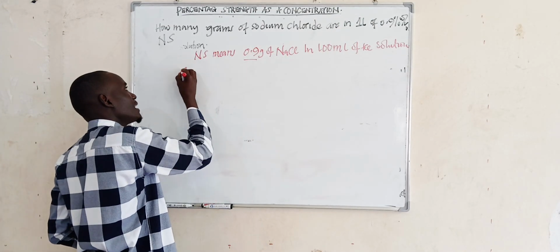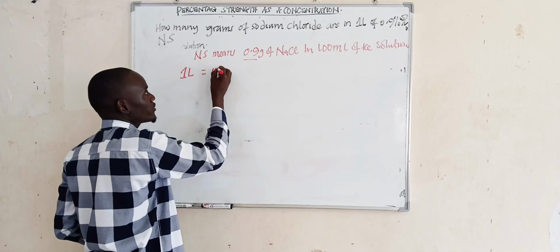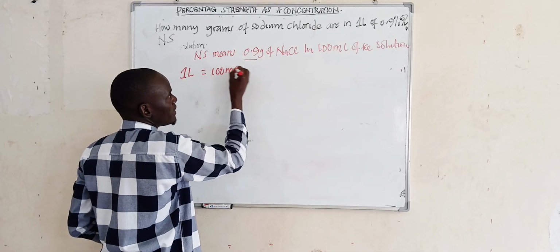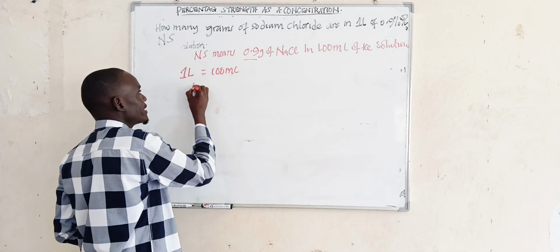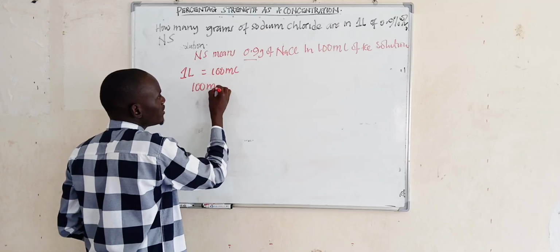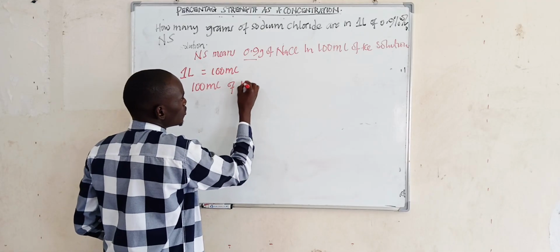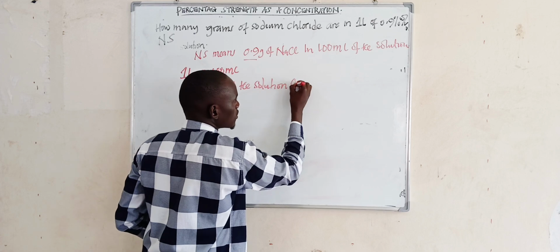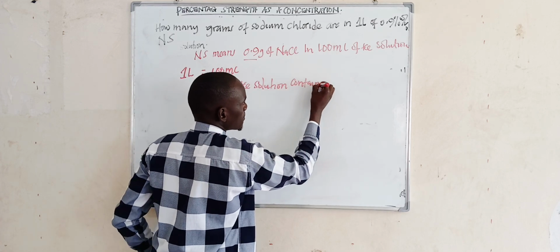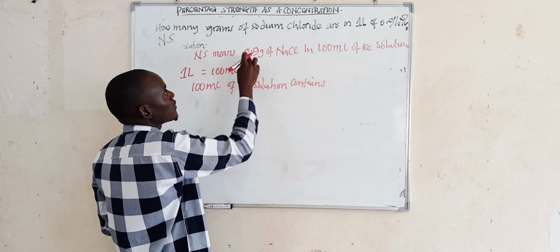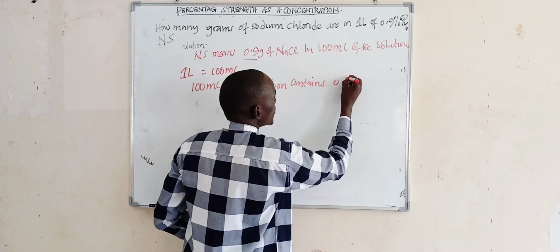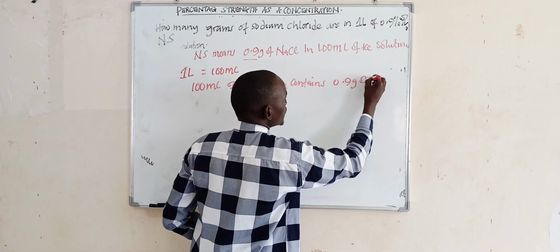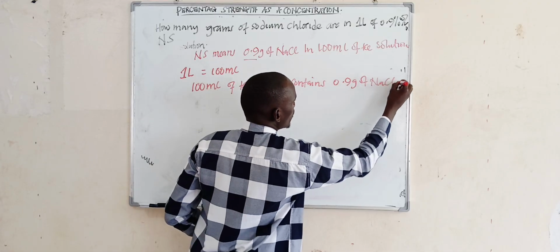But 1 liter is equivalent to 1,000 mils. So we shall say that 100 mils of the solution contains 0.9 grams of sodium chloride.